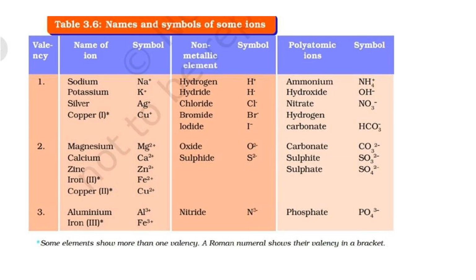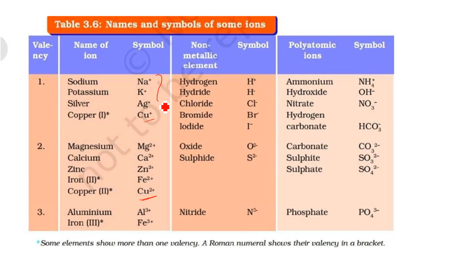Sodium is Na+, potassium is K+, silver is Ag+, and copper can take two different states or two different valencies. Copper is 1 here, and you can also have copper 2, Cu2+. So copper can exhibit variable valency, 1 or 2.